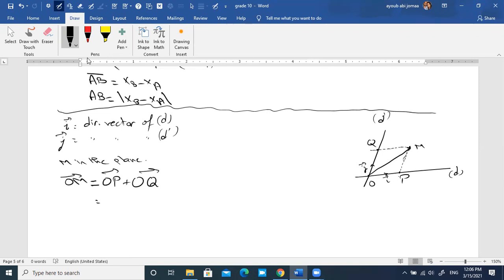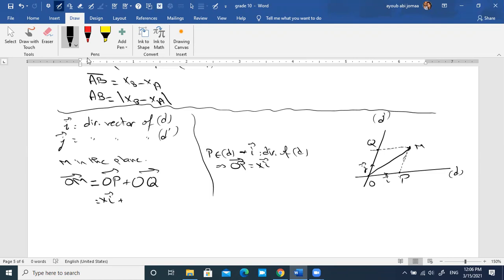But I is a direction vector of line D. Then OP is equal to some number x times I, because P belongs to D, and I is a direction vector of line D. It means that OP is equal to some value x times I. Right.